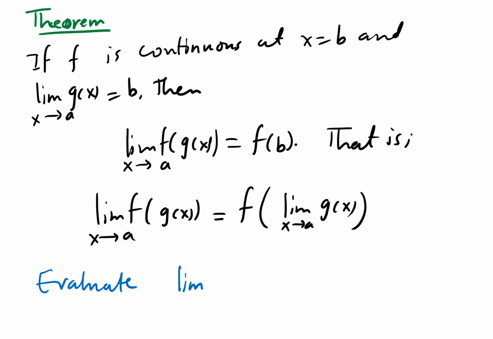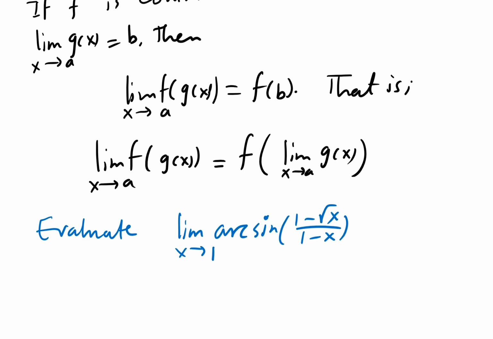Evaluate the limit of arc sine of (1 minus root x) over (1 minus x) as x approaches 1. So it's saying you can pass the limit inside a composite function.